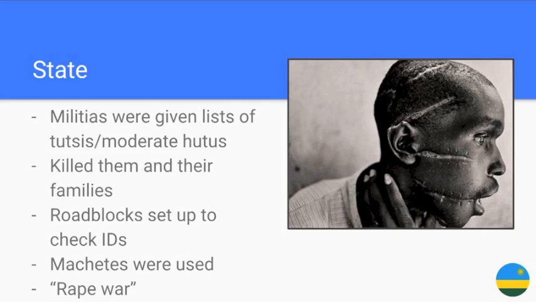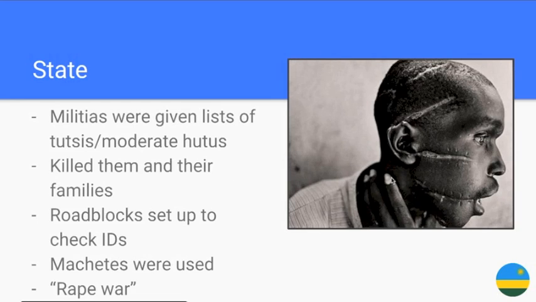Roadblocks were set up to check IDs, because at the time, everyone had an ID, and each ID had the person's ethnic identification on it. If you were a Hutu, your ID said Hutu, and if you were a Tutsi, your ID said Tutsi. Militia would set up roadblocks and check people's IDs, and if it said Tutsi, they would be slaughtered with machetes.